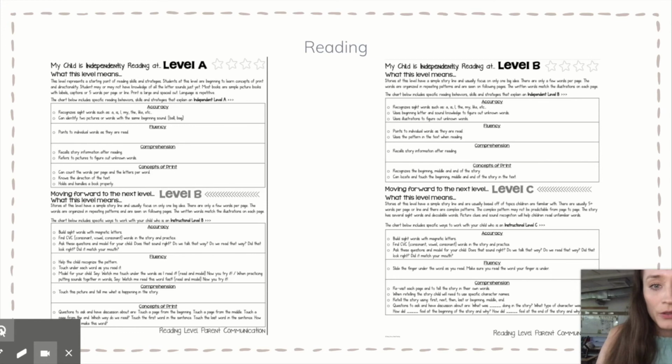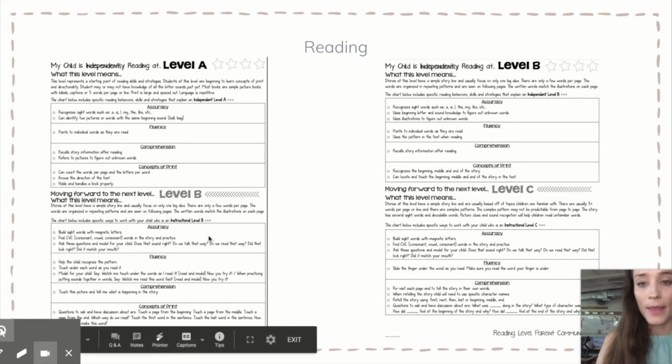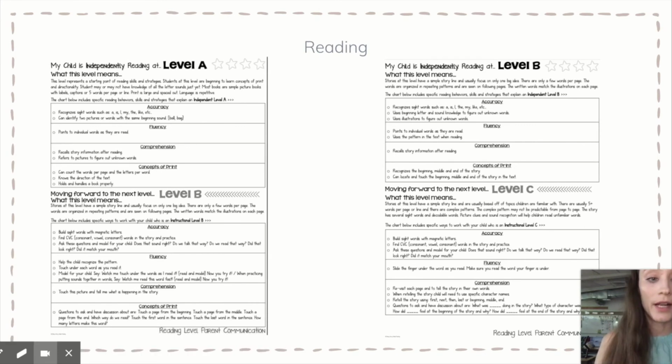They're going to point to individual words and use patterns to remember. And then at the bottom here, you can see some next steps for how you can help your child achieve their next goal. So now, looking at where they're starting, let's take a look at where they're going to be ending.